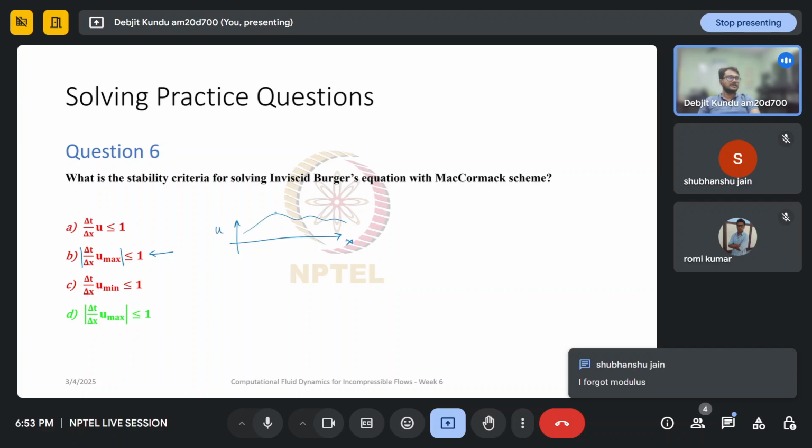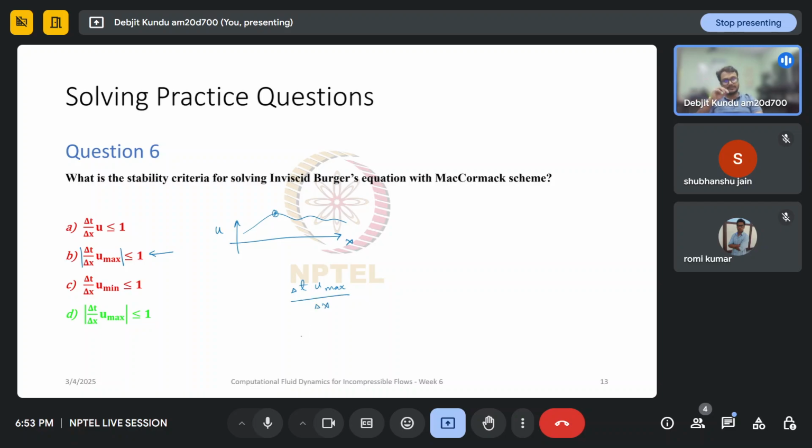I pick the maximum value of u, and then at that point, delta t into u max should be less than or equal to delta x. Once again, that same travel of disturbance idea comes into the picture. So this is basically the maximum Courant number, and this whole thing should be less than or equal to 1.